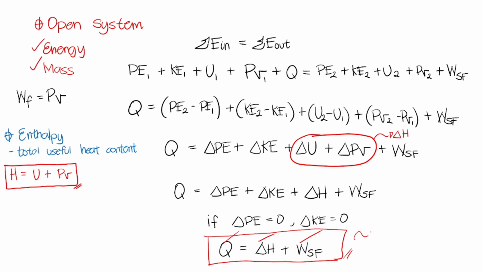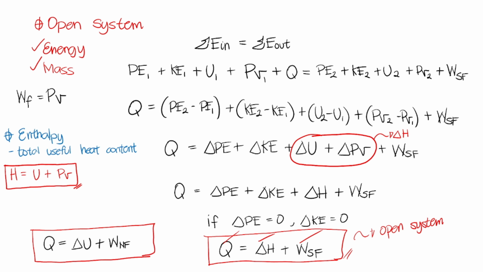This is for open system. And for the closed system, what we've derived earlier, Q is equal to the change in internal energy plus our work non-flow. So yan, we know now the first law of thermodynamics. This is for a closed system. Alright?